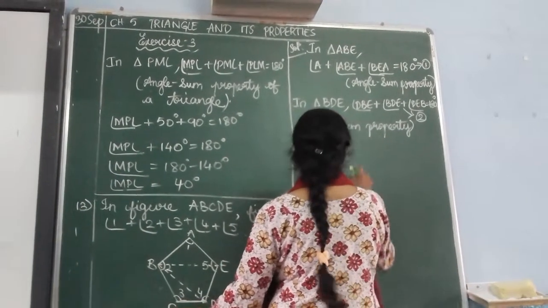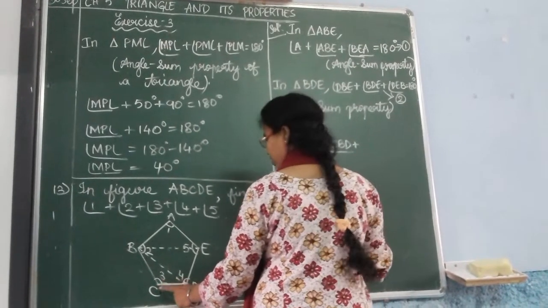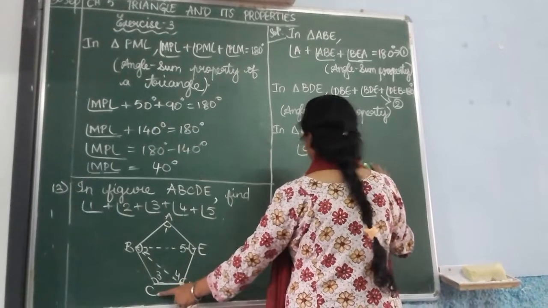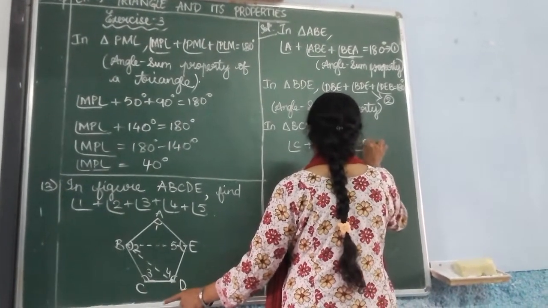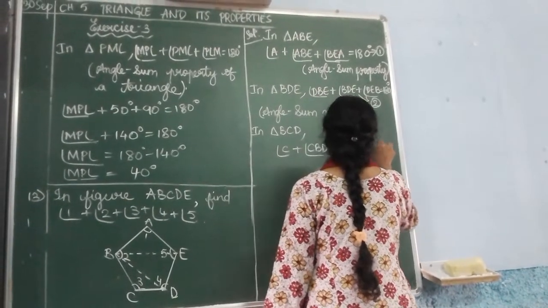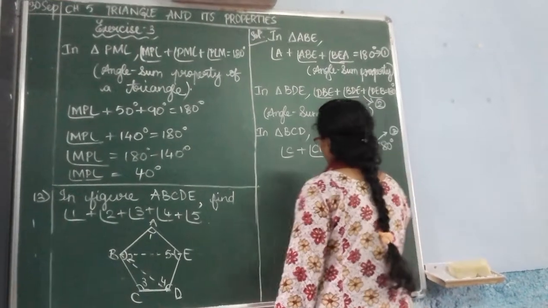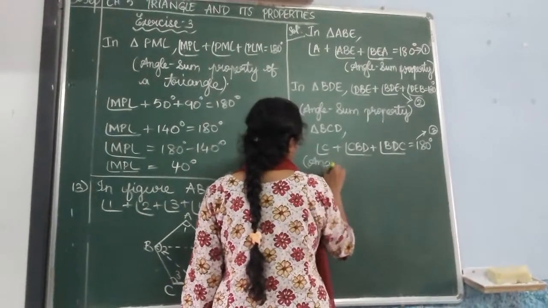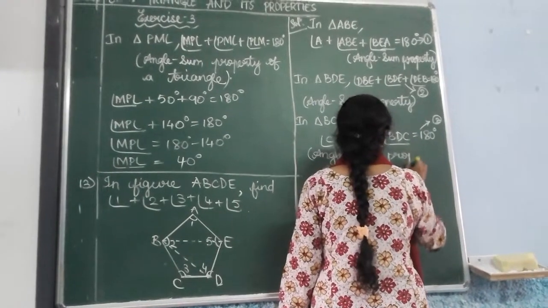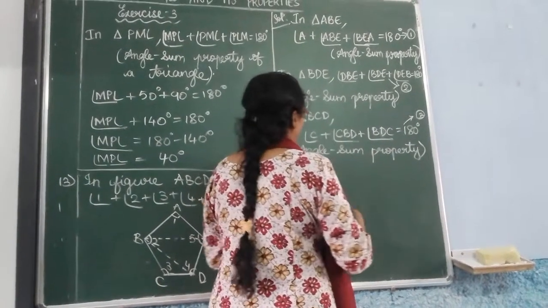Angle B is there, so I am going to write CBD, plus angle D, I should write BDC. BDC is equal to 180 degrees. This is your equation 3. What is the reason for this? Same reason, angle sum property.